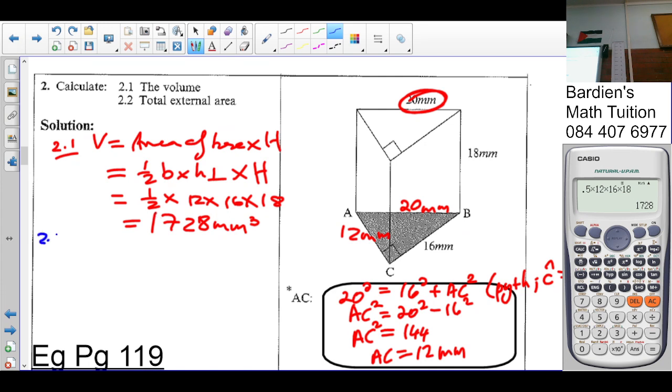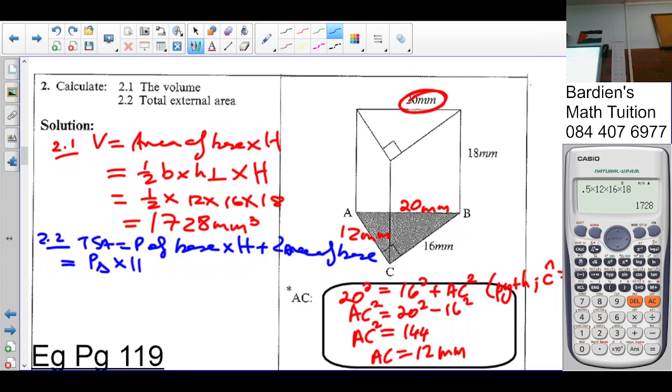The next one, with your total surface area, the external surface area, will be perimeter of base times height plus 2 area of base. Perimeter of the triangle times the height, plus 2 times the area of the triangle. How do you calculate the area of the triangle? Half base times perpendicular height. The perimeter of the triangle is the sum of all these sides. So it's 12 plus 16 plus 20, times the height, which is 18.